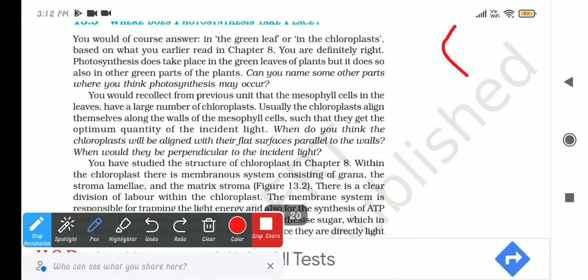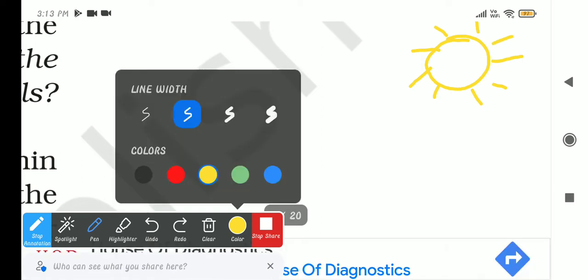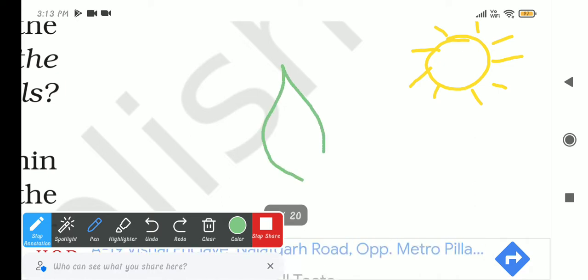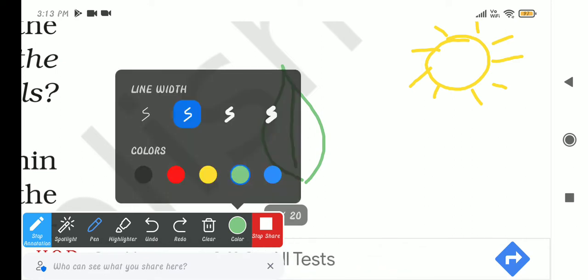Well, let me explain to you. Let me make a good diagram for you. Suppose this is the sun, and this is a leaf. Don't take my drawing seriously. And we have light.